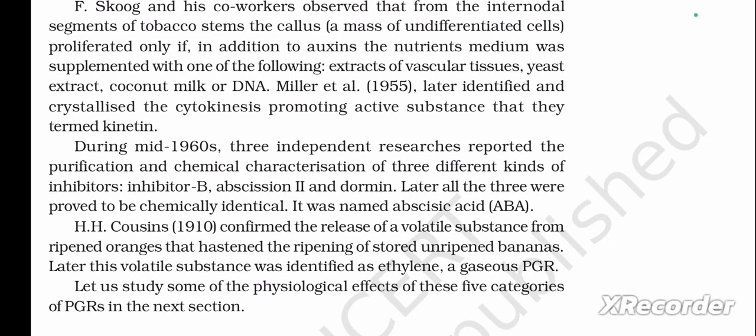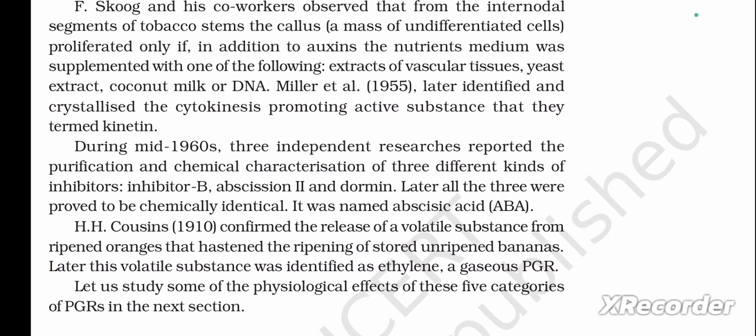During the mid-1960s, three independent researchers reported the purification and chemical characterization of three different kinds of inhibitors: inhibitor B, abscission II, and dormin. Later, all the three were proved to be chemically identical. It was named abscisic acid, ABA.